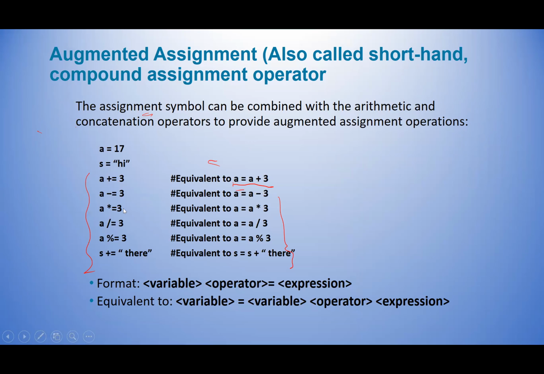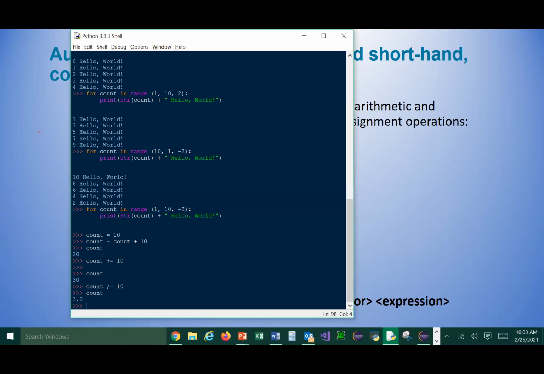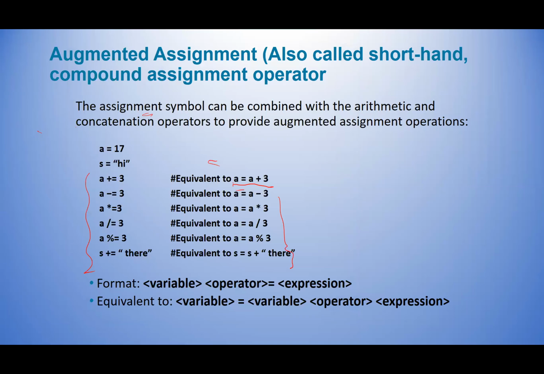Because in your program, when you start programming, you will find that you write these statements often, and it's too much to repeat one variable so many times. Instead, you can just do this. This is very much simpler than the previous statement.